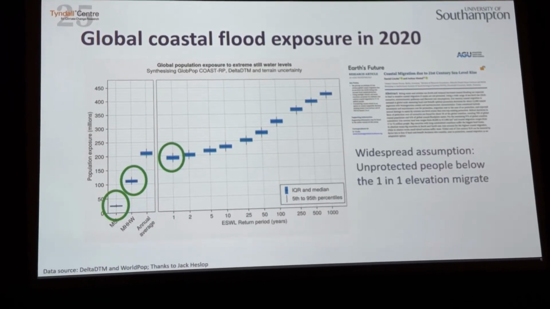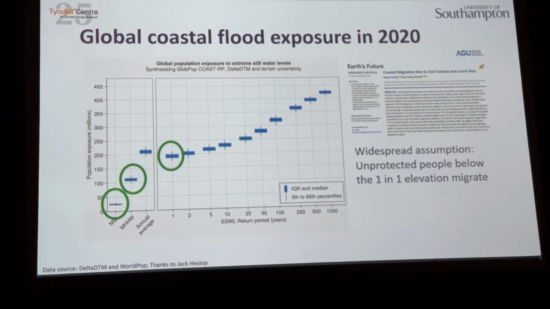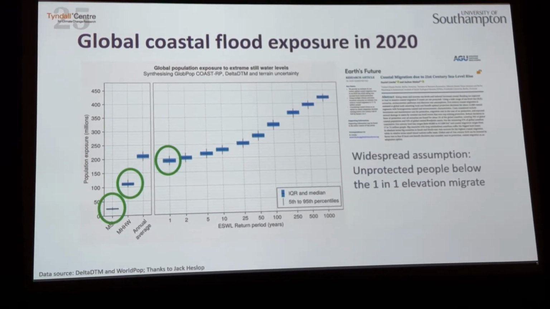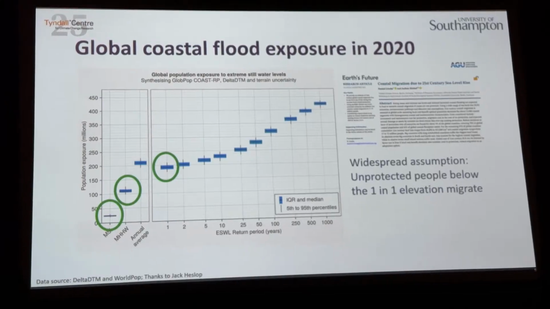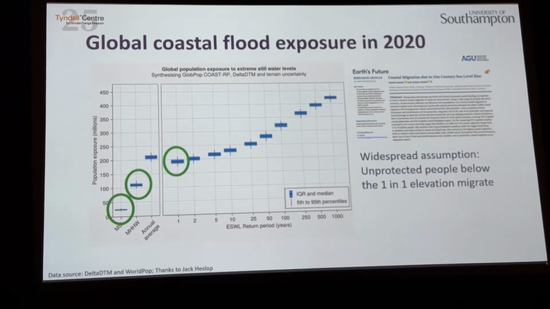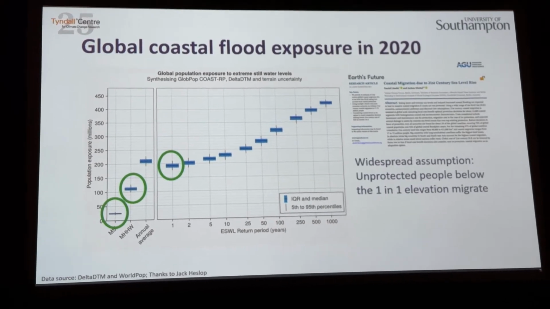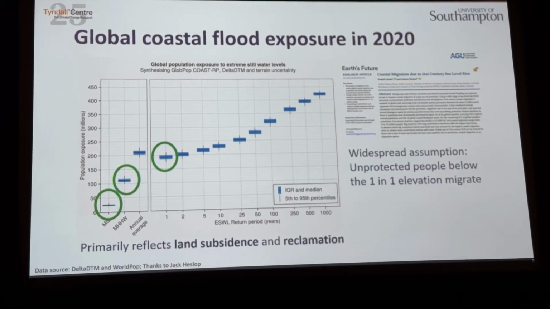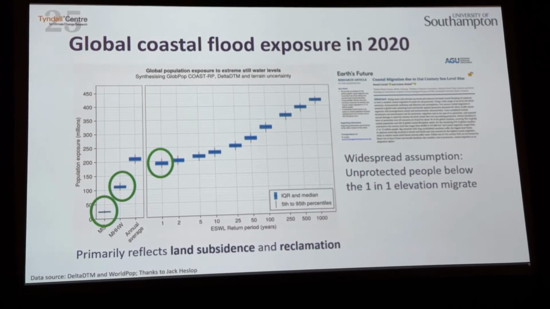So often it's presented that these people are very vulnerable to sea level rise. I turn it around. These are people that are depending on coastal engineering to live where they live. You wouldn't have found this distribution 100 years ago. And so you can see coastal engineering modifying where people make choices to live. And why are people living in these low locations?